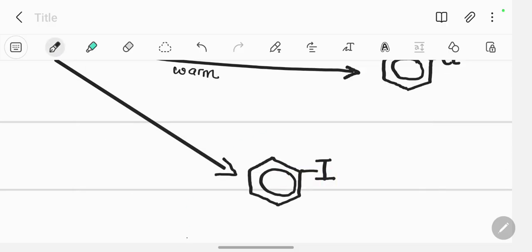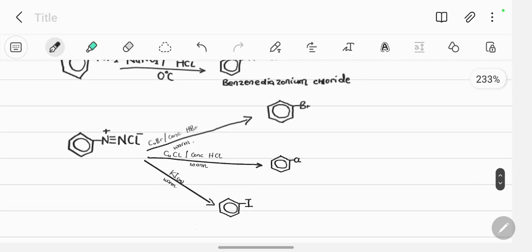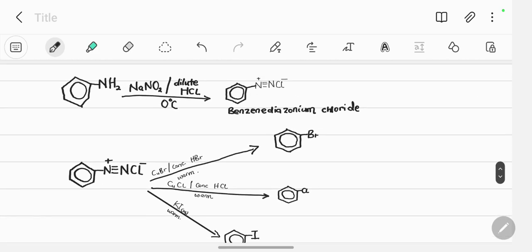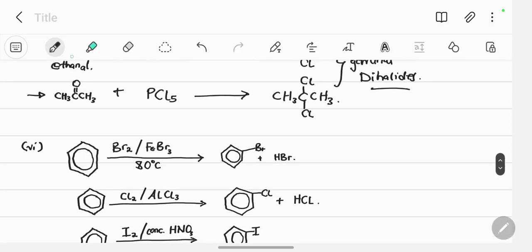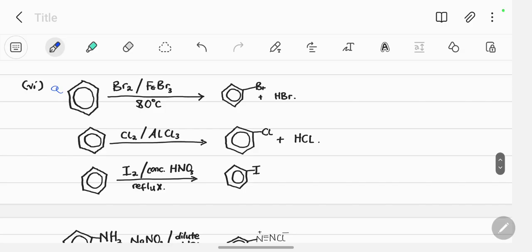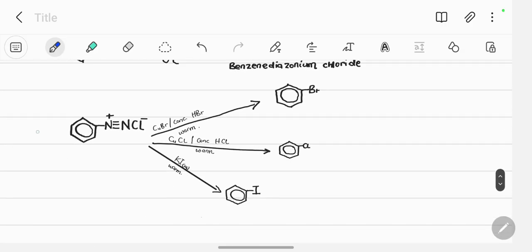It's going to be copper 1 iodide in aqueous state, then warm. When you warm, it gives you that iodobenzene there. So that is it. This one is an alternative. I'm going to call this alternative A, and I will call this alternative B.